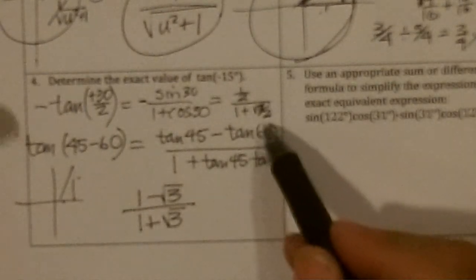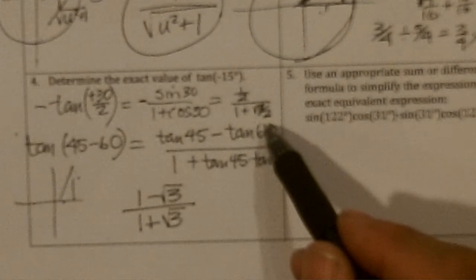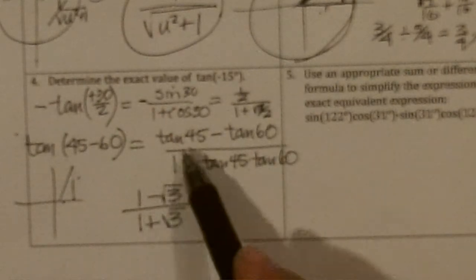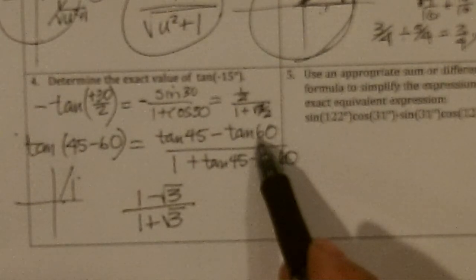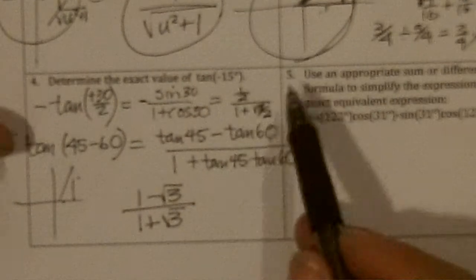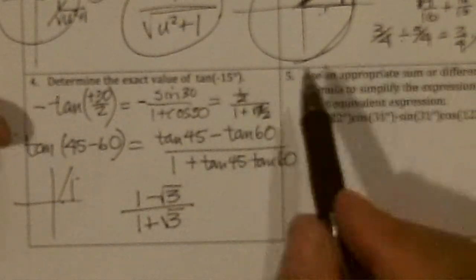And if I multiply, why don't I get this? 1 minus the square root of 3 over 1 plus the square root of 3. If I multiply numerator, oh, okay.